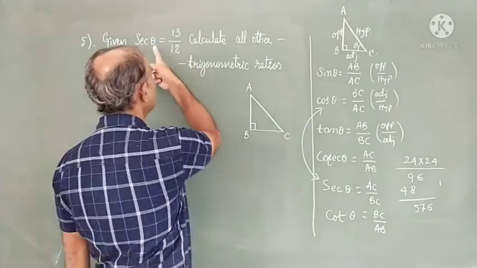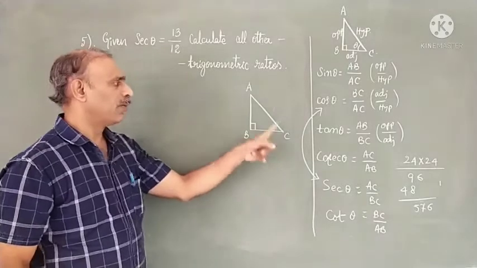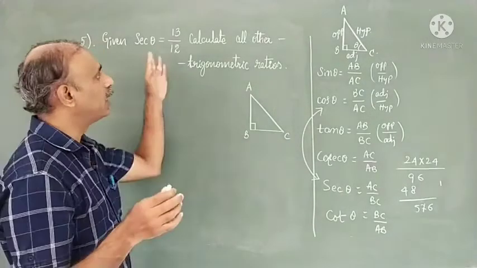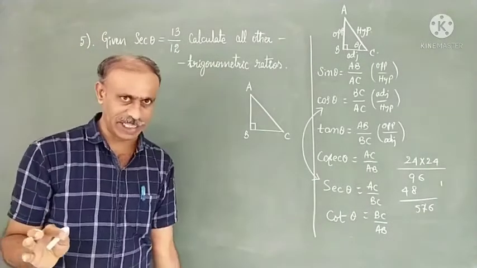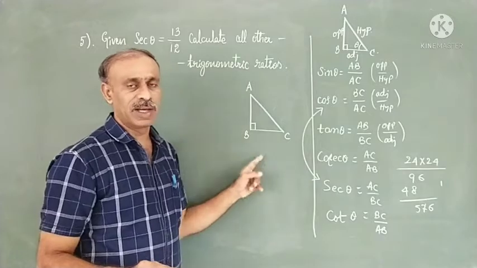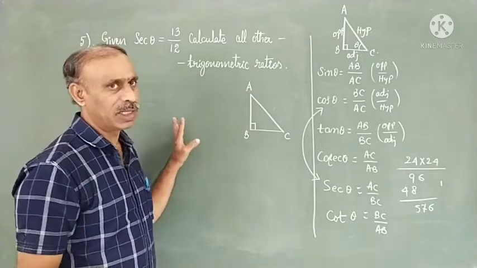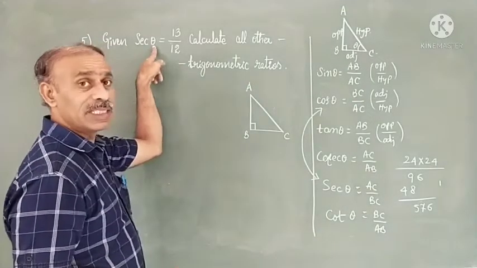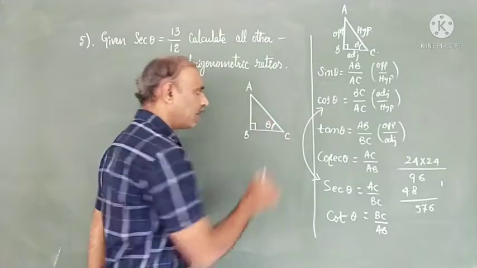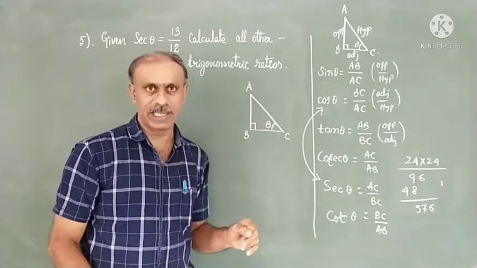Because they mentioned theta, whether it may be A or C or B, whatever it may be, because they didn't mention which angle is measured 90 degree. And either A or B or C is the acute angle, that also they didn't give. Only they mentioned theta, so which one you want you can take, but mention the theta.